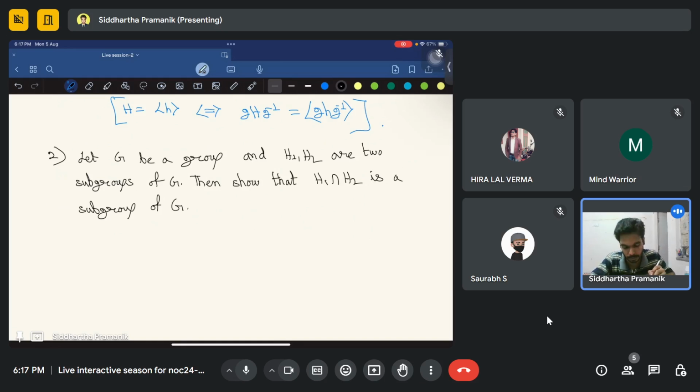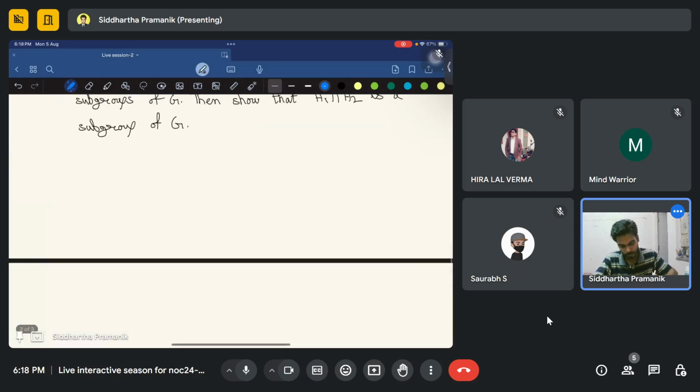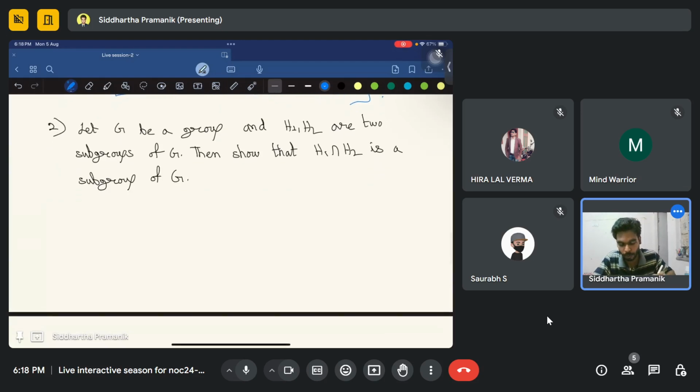Okay, I hope the question is clear. H1 and H2 are two subgroups, so we need to prove their intersection is also a subgroup. Okay, let's see a proof for this. Again, we need to verify three properties. First one is closure.